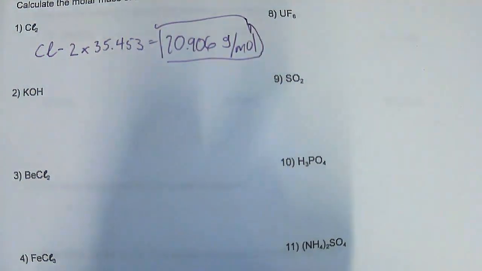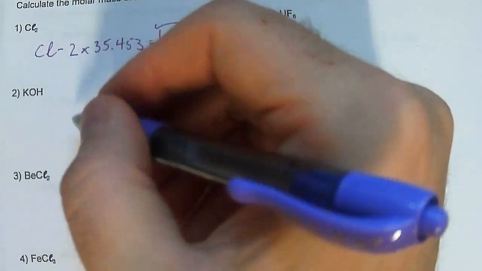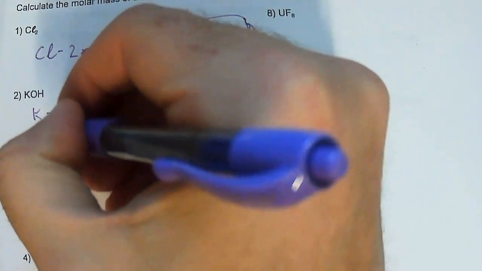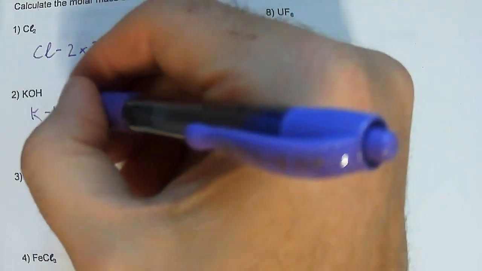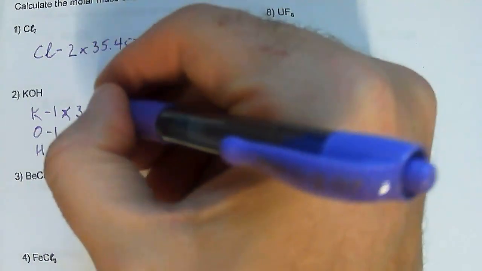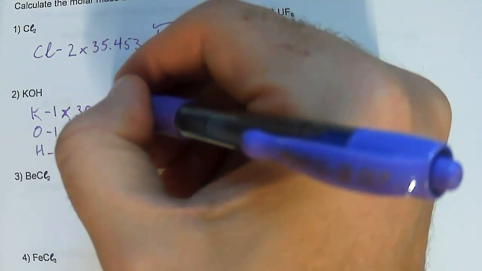70.906 grams per mole. Okay, so then KOH, let me list the elements, K, O, and H, 1, 1, 1, the number of each element, and then K is 1 times 39.098.